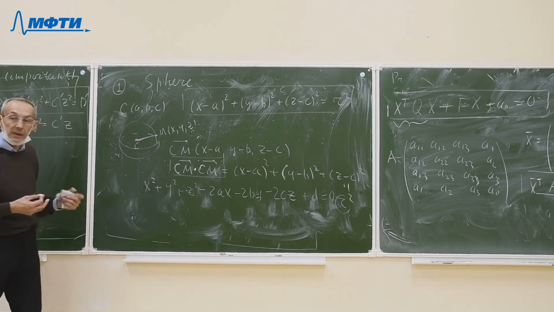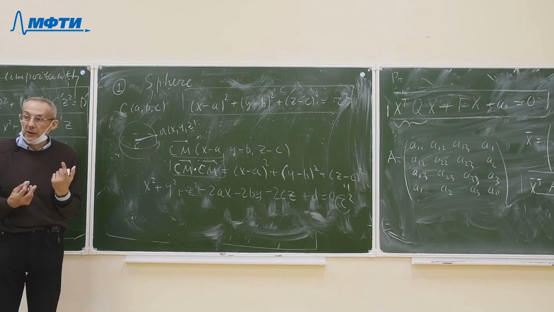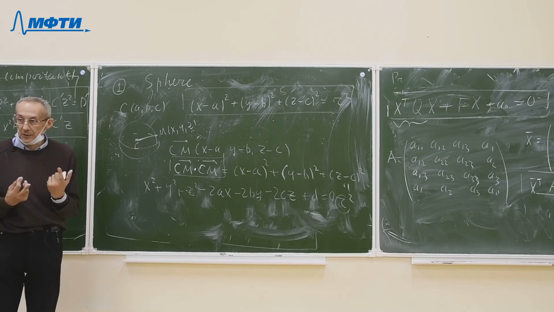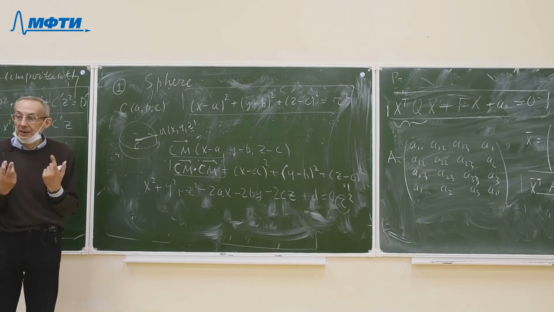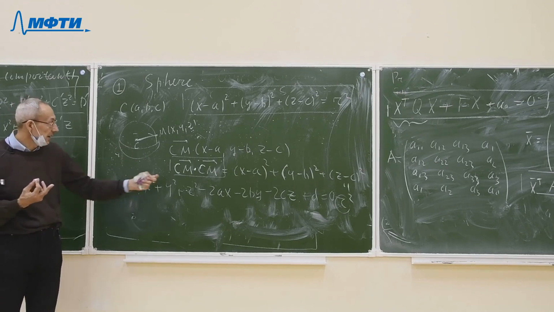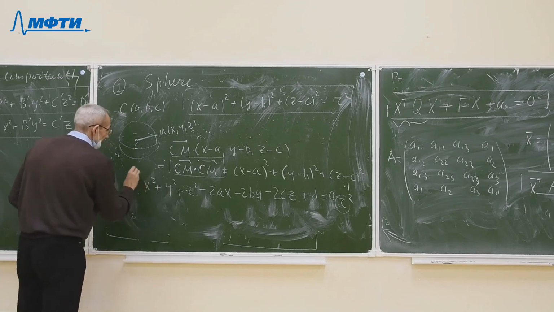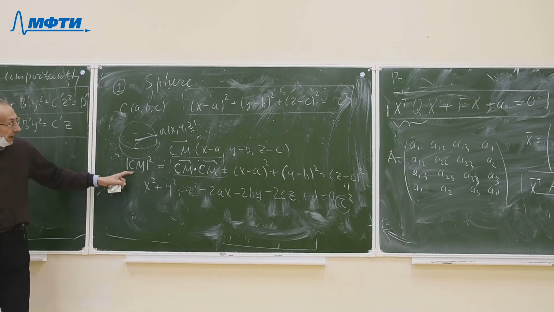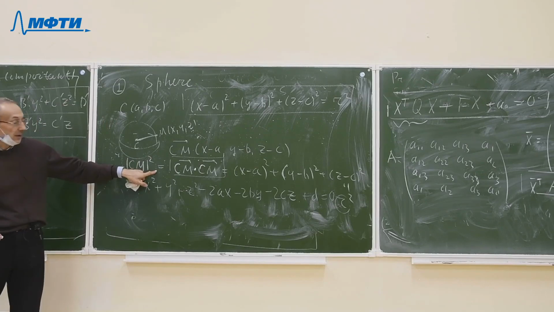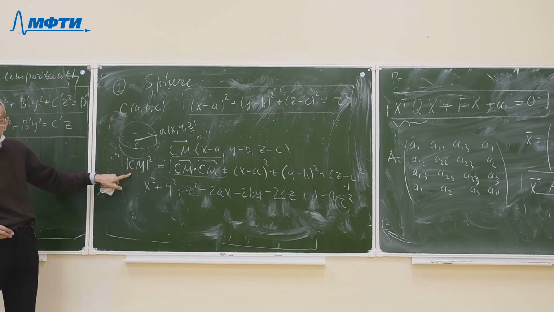I recall that the square of the length of this vector is exactly equal to the dot square of this vector.